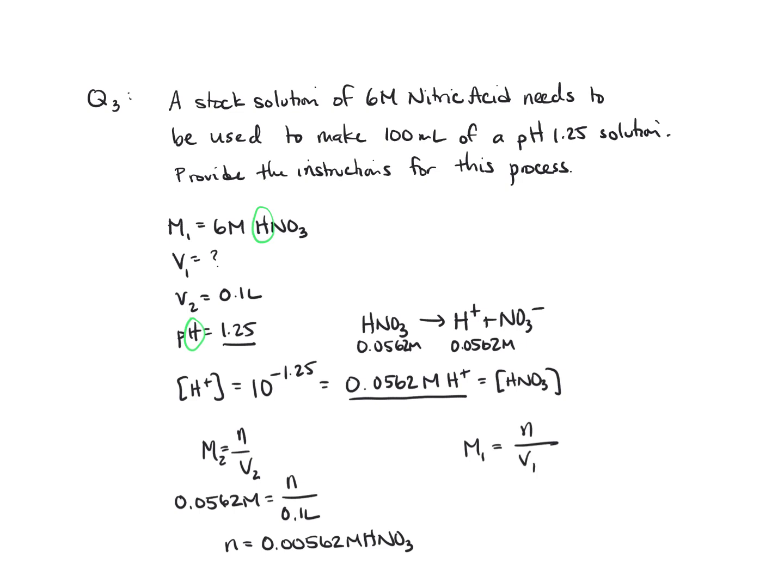Well, we have the molarity, which is 6 molar, which is equal to 0.00562 moles of HNO3 in our V1.